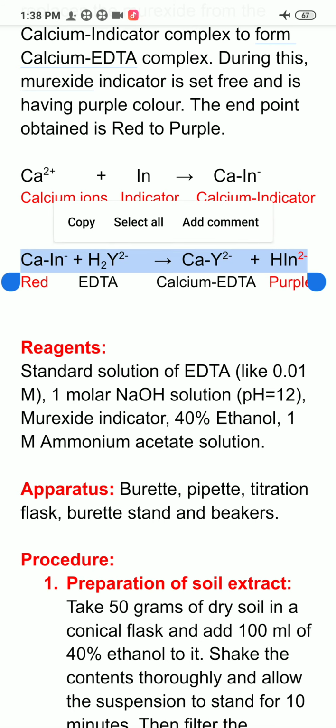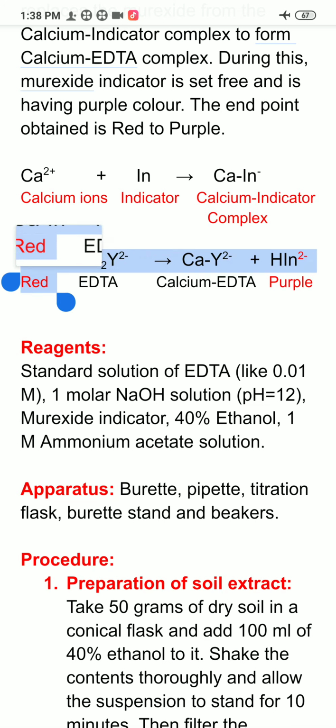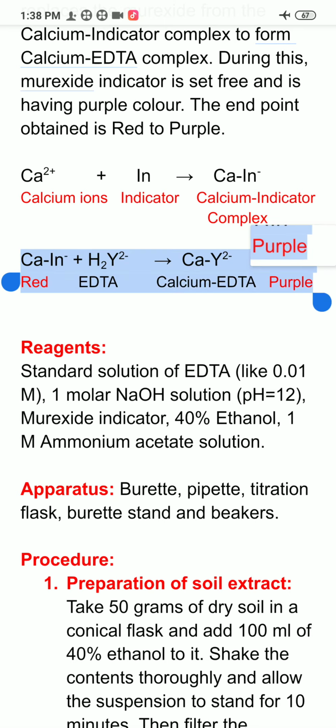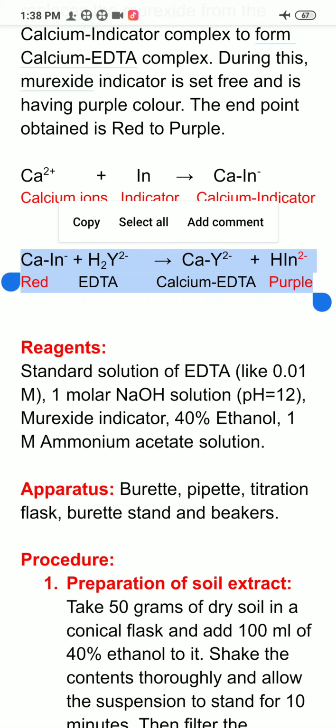Please note here that calcium indicator complex has red color, and when EDTA replaces the indicator from the calcium, murexide becomes free, which has purple color. That's why we get endpoint from red to purple, because calcium indicator complex in this case is red and the free indicator has purple color. So endpoint is red to purple.